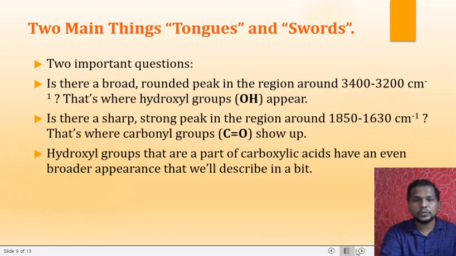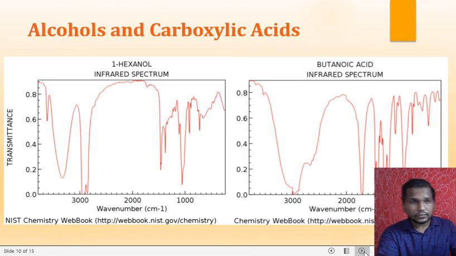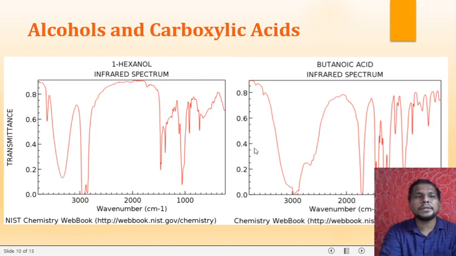Even though in today's assignment there are several things which you have to refer, that is the carbonyl group as well as the OH group. Now there is a little bit of confusion because carboxylic acid also contains a hydroxy group, as do alcohols. So how exactly are we going to differentiate?